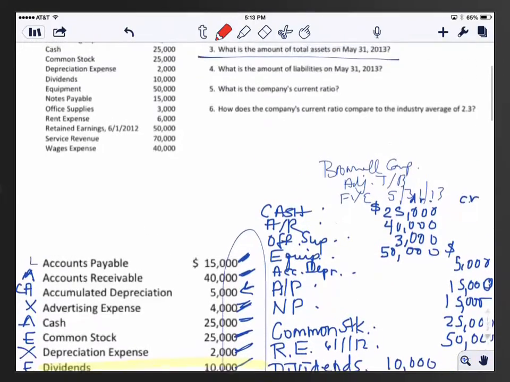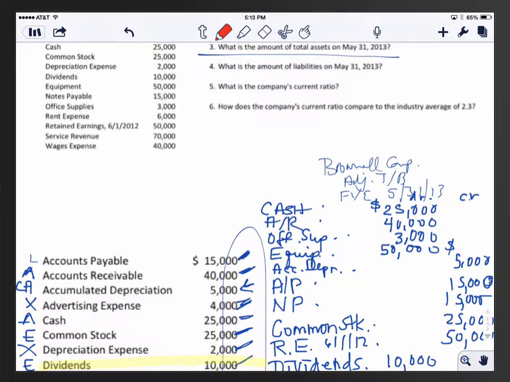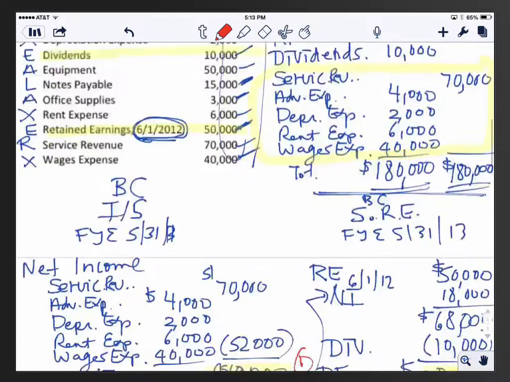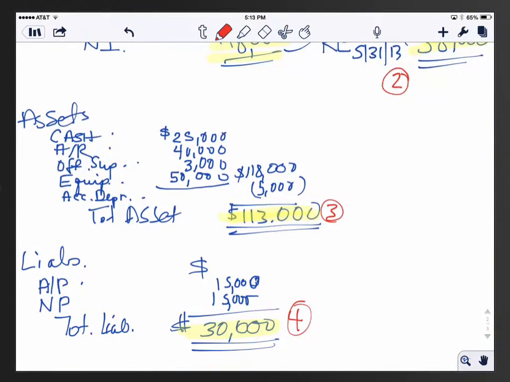And we have another question here. What is the company's current ratio? And then it asks us, compare it to the industry average of 2.3. So let's figure out the current ratio. The current ratio, we take all of the current assets, those are the short-term assets, and we divide that total by all of the current liabilities.